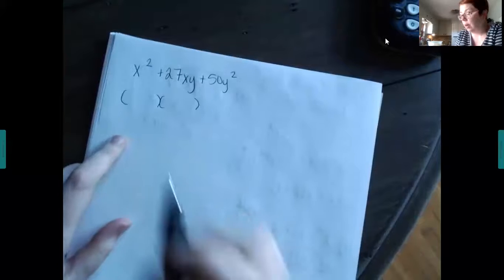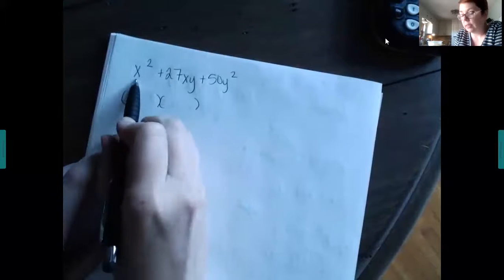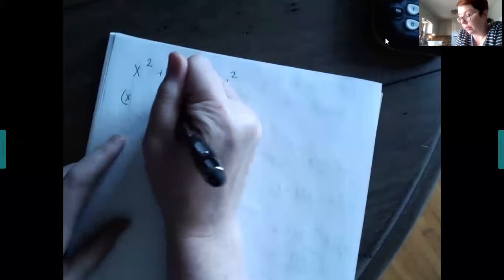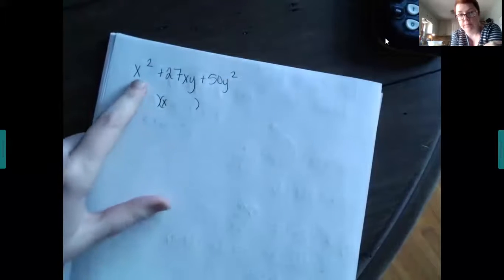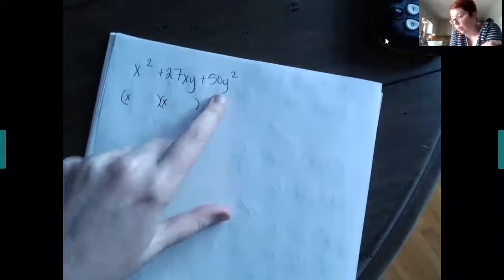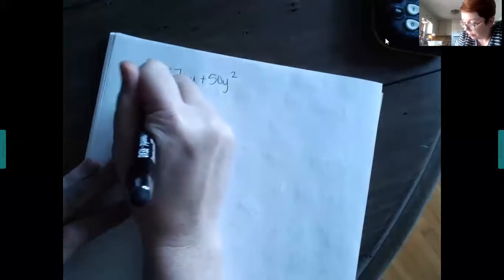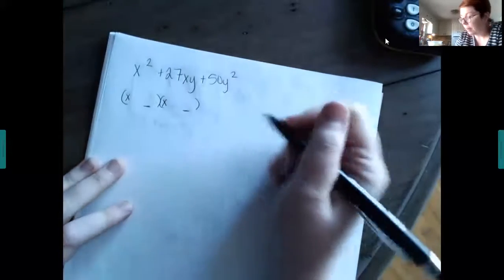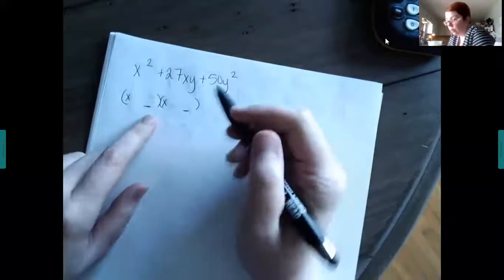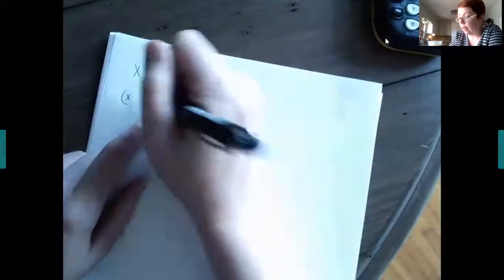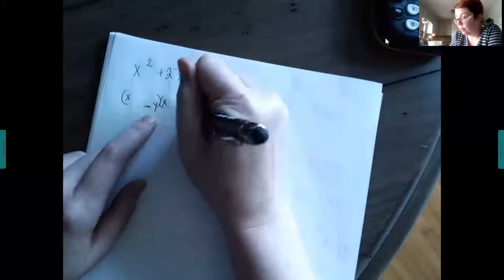Here, I'm always multiplying this times this to get this first term. So again, I'm still going to have x times x to get x squared. Now over here, I have a y squared, but I have a 50 in front. Whatever number I have, I know the only way to get a y squared is if I have y times y.